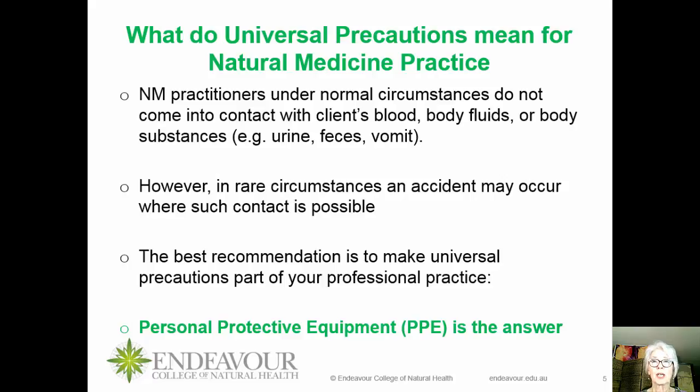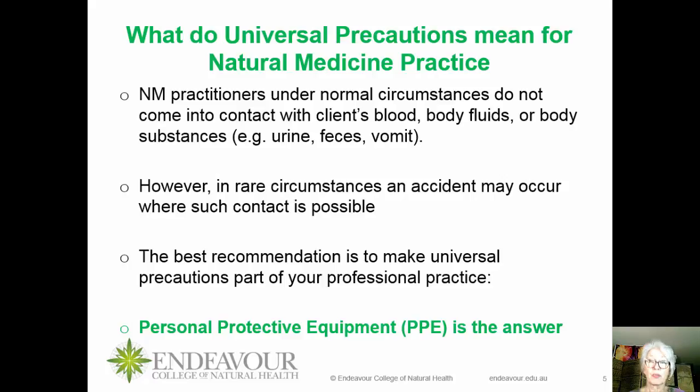In which case, as I said before, and I will say again and again, always make sure that you have an alcohol swab, which kills pathogens on contact. However, in rare circumstances, an accident may occur in a natural medicine clinic where such contact might be possible. The best recommendation is to make universal precautions a part of your professional practice.